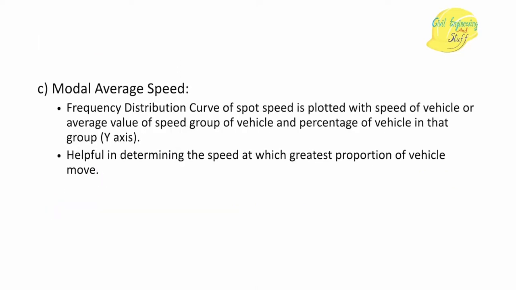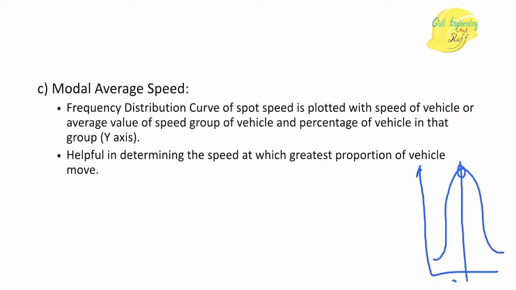The next way of representing the spot speed data is modal average speed. Through modal average speed, we are basically finding out the speed that has been followed by most of the vehicles. Here we again draw a frequency distribution graph between the speed of the vehicle and the frequency of the vehicles that were traveling at that speed, and the graph comes out to be something like this.